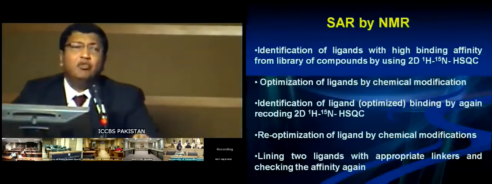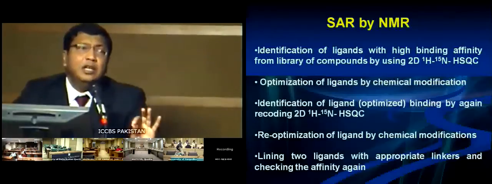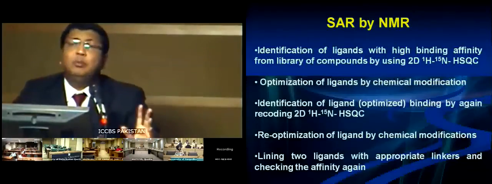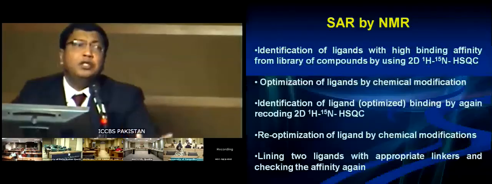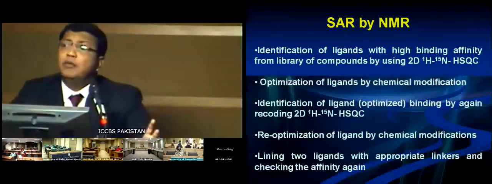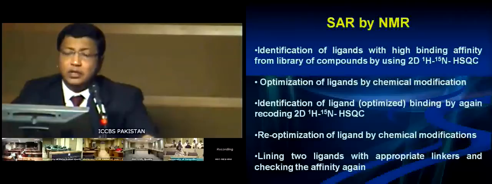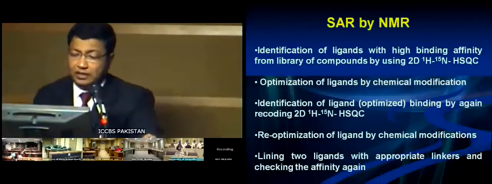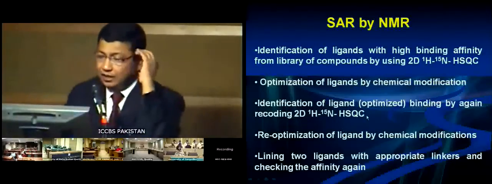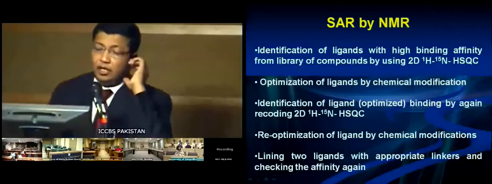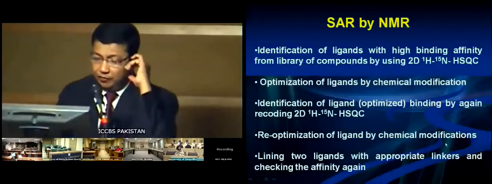So you need an extremely potent drug in picomolar quantities, and a few milligrams of that drug should be sufficient to have a biophysical manifestation, the so-called drug effect, in a person. So in order to achieve that, you keep optimizing the whole cycle one after the other. So re-optimization of ligand by chemical modification.